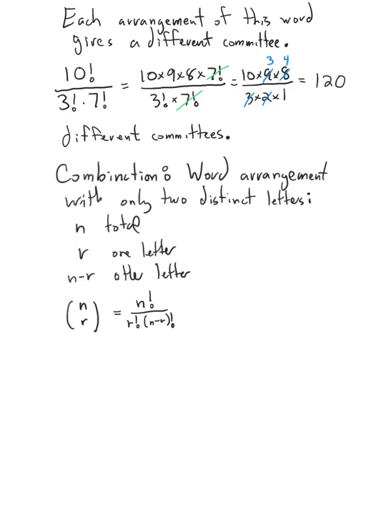So we read it as n choose r. And so in the previous example, we would write 10 choose 3, which is 120, using that same calculation.